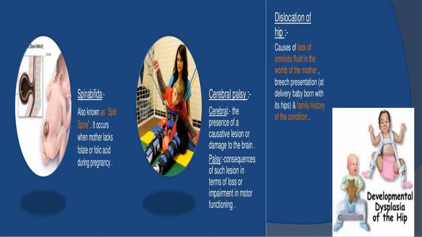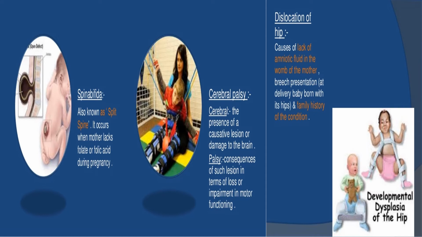Spina bifida. As the name suggests, as you can see in the figure, there is a split in the spine. It occurs when the mother lacks folic acid during pregnancy. Cerebral palsy. Cerebral means the presence of a causative lesion or damage to the brain, and palsy means consequences of such lesion in terms of loss or impairment in motor functioning.